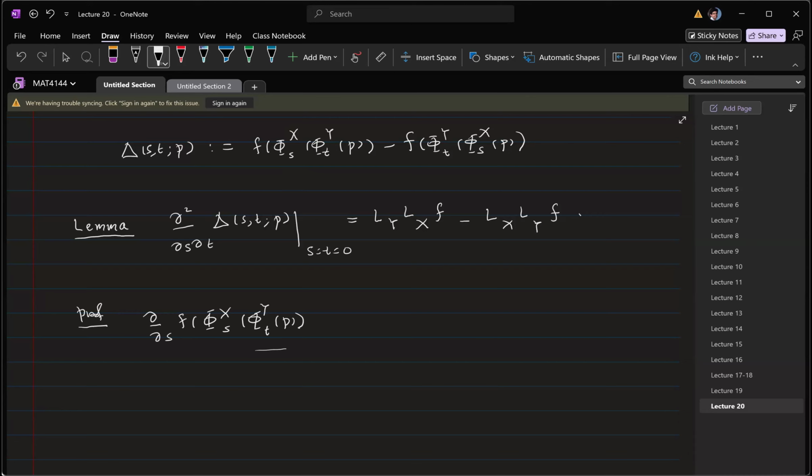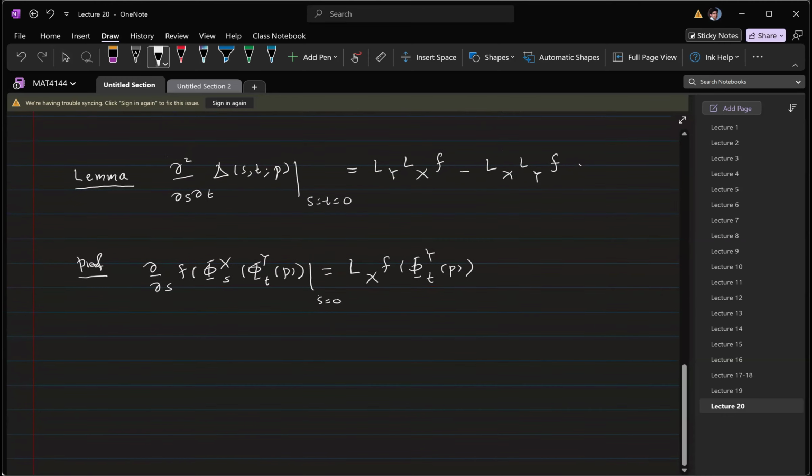So what I see is that I'm differentiating f of phi^s at some point, and that's just the Lie derivative, right? By the definition of the Lie derivative, this is L_x f at the point phi_y^t p. Note that I'm differentiating at s equal to 0. And now I have to differentiate the right-hand side one more time, this time with respect to t.